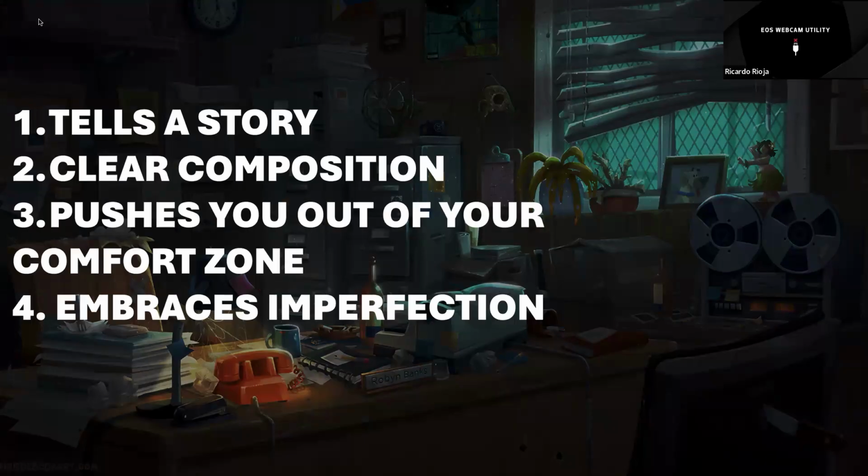The third one, it pushes you out of your comfort zone. For this one, I knew since the beginning that I needed to make all the assets look like they were in the same environment, so that's a challenge I had. Also in texturing, I needed to texture them the same so they looked the same, even though they have different materials like metal, wood, the plants, the leaves, and others.